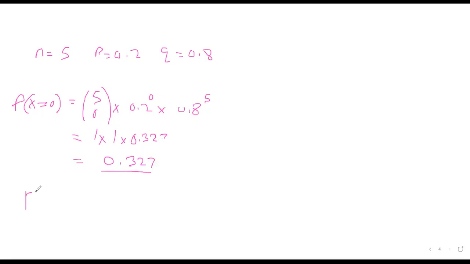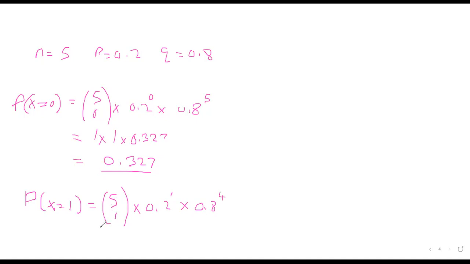Then if you find the probability x is equal to 1, we have 5 combination 1, then 0.2, and 0.8. So this comes here, and the difference here is 4. Always make sure that the powers will add up to what is on top here.